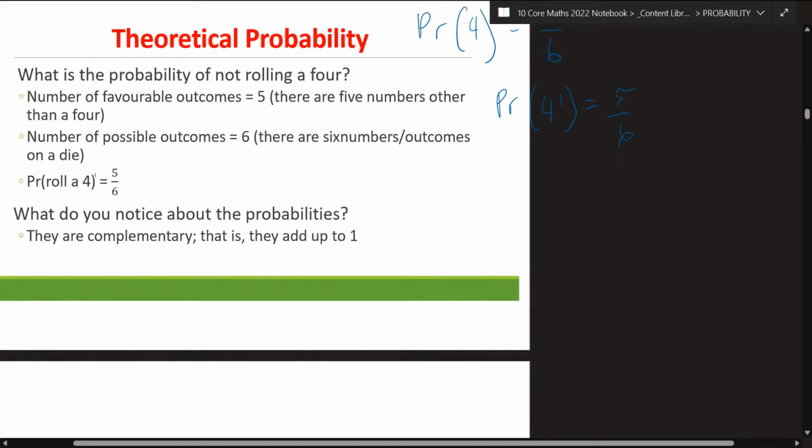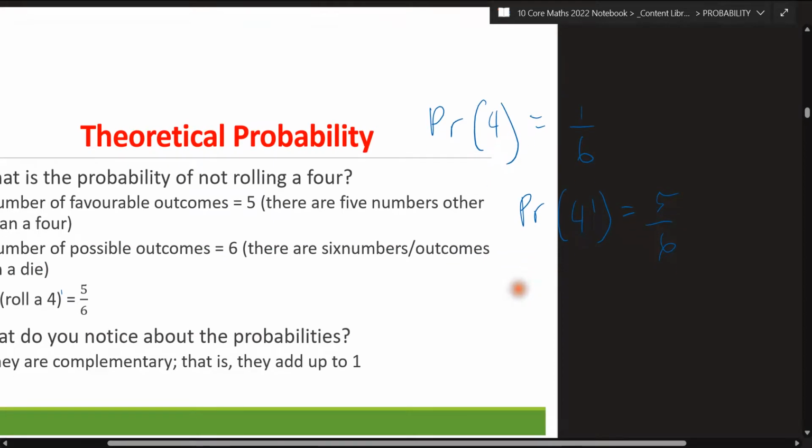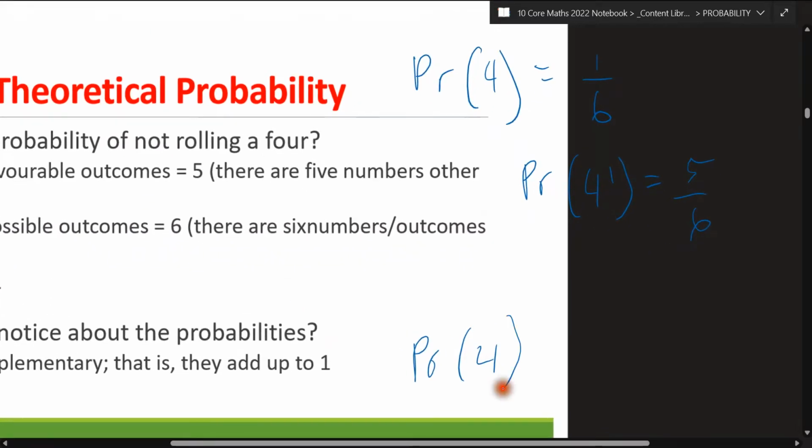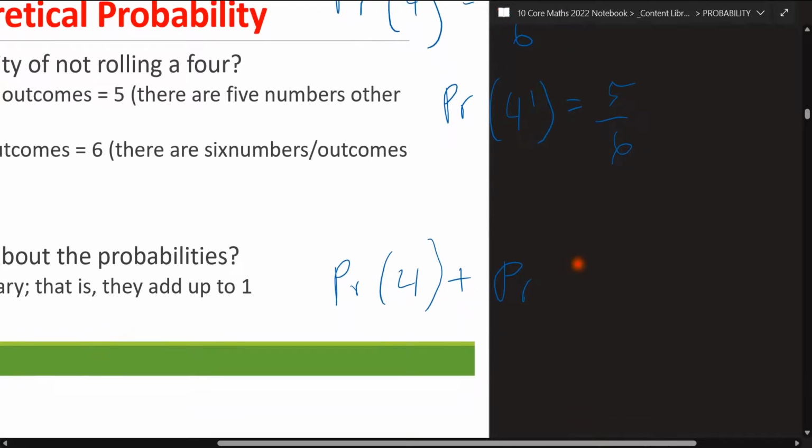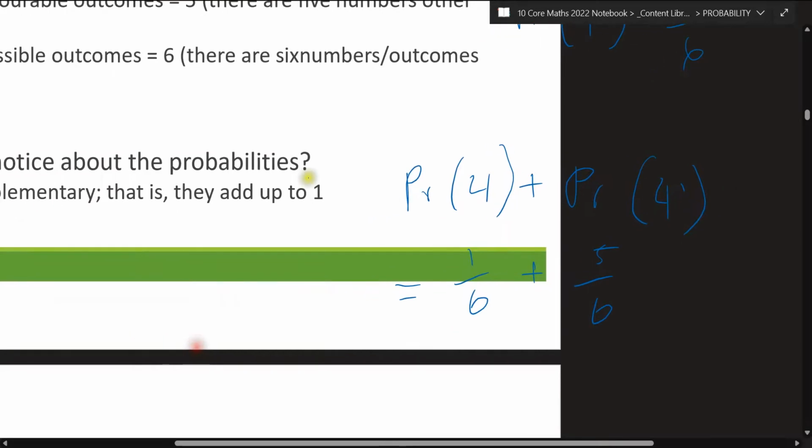And one thing that you have to understand as well, when it comes to probabilities, is this. I'll write this down here: PR of 4 plus the PR of not 4 would equal 1 over 6 plus 5 over 6, and that adds up to 1.